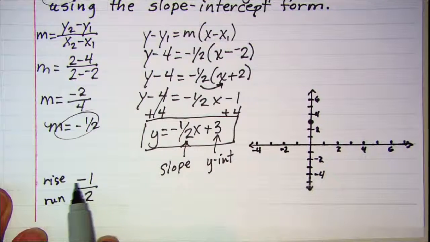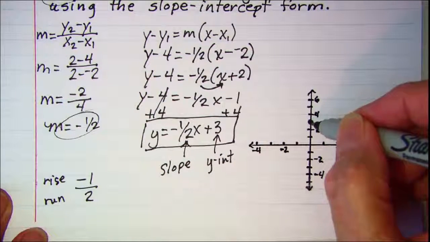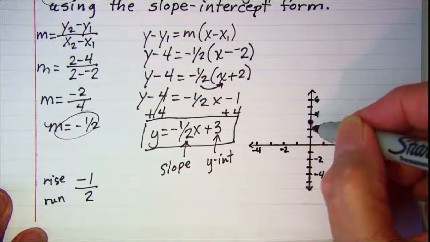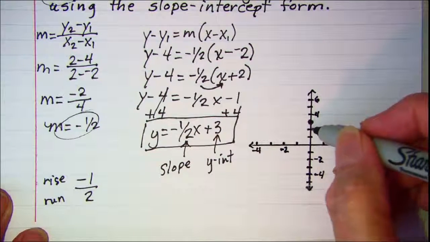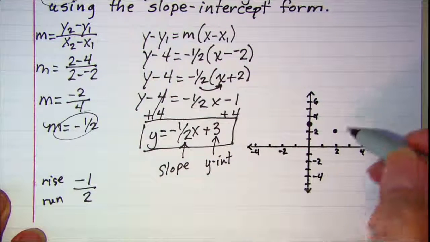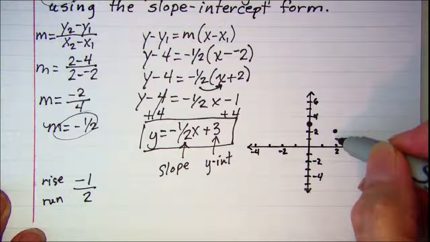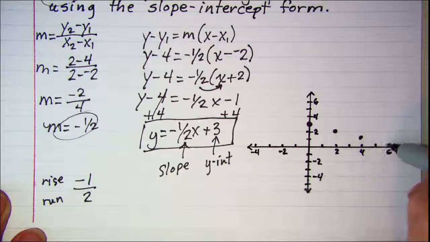So rise means up and down, run means right and left. So a rise of negative 1 means that from this point I want to go down 1 unit. Then a run, which is right and left, positive 2. So I can go down 1 and right 2. And do it again. In fact, we're going to do it a number of times for accuracy. Down 1, right 2.